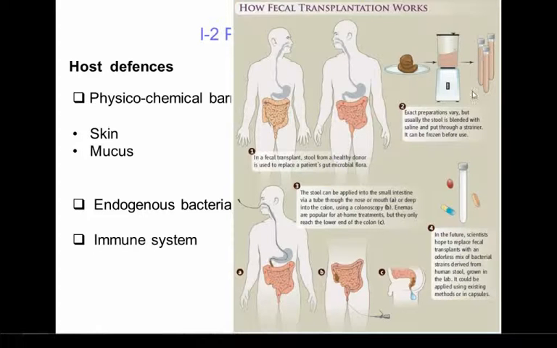And then you're going to use this biological resource to recolonize the gut of somebody who's got persistent clostridial infection. So either you put a tube in through the nose, and you can colonize the small intestine and the lower intestine, or you come in through from the other direction and seed the colon.